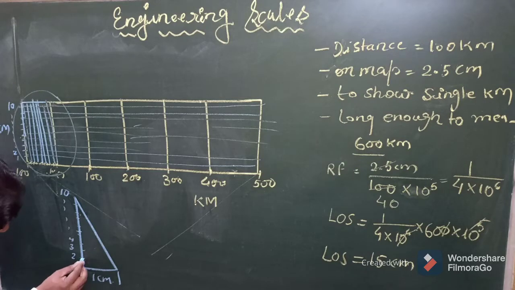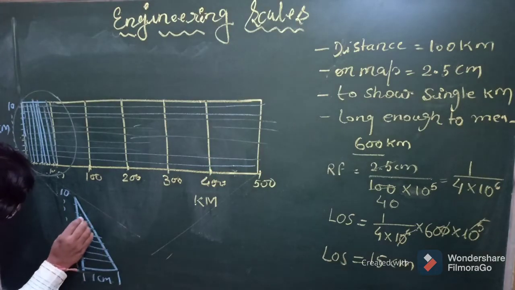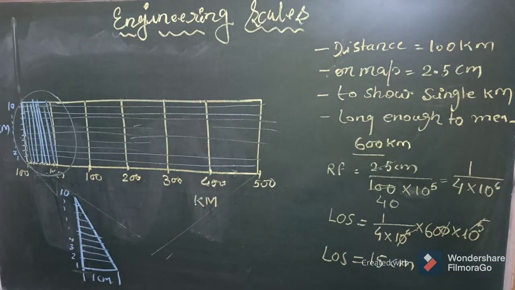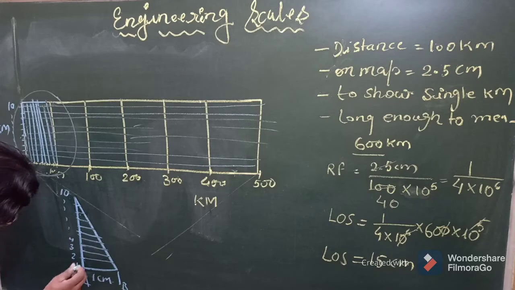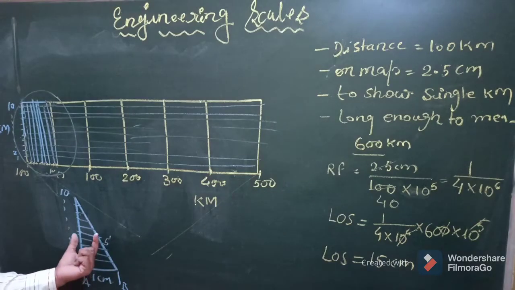Now draw horizontal lines from these lines, 1, 2, 3, 4, 5, 6, 7, 8, 9 and 10. Now if I take any one of them, say for example this is A, this is say B, and this is 5 dash, say for example the midpoint of this triangle.